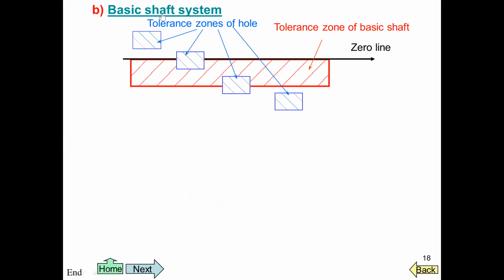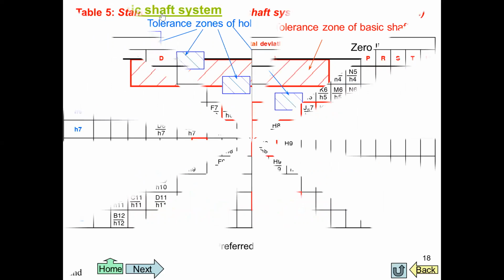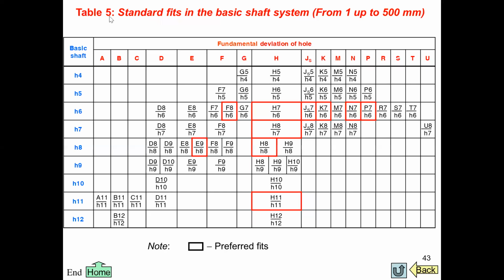If you want to choose the fit in the basic shaft system, you have to refer to table 5, standard fits in the basic shaft system. In this table, you can see all of the shafts have a fundamental deviation S small, S small, S small, S small, because all of the fits belong to the basic shaft system.